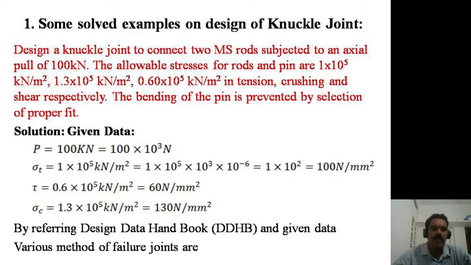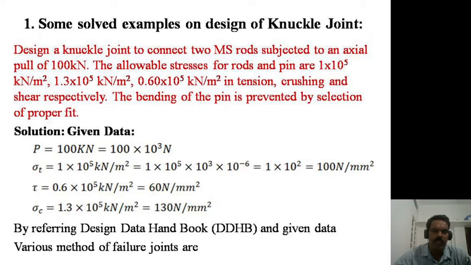Next, the allowable stresses for the rods and pins are given for tension, crushing and shear respectively. First is the tensile stress. Sigma T is equal to 1 into 10 to the power of 5 kilonewton per meter square, that is 10 to the power of 3 Newton per meter square.